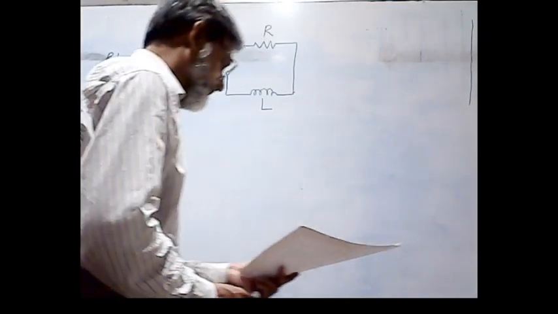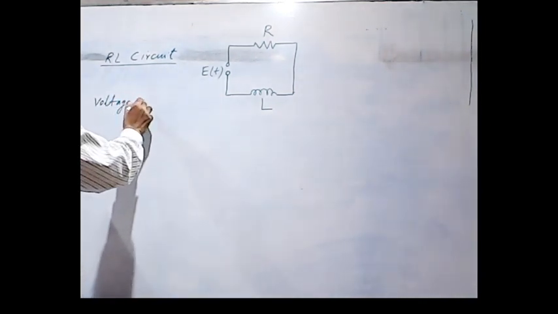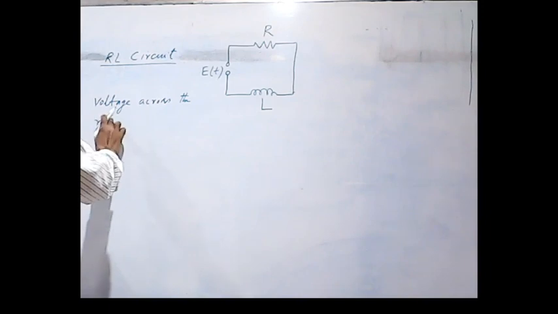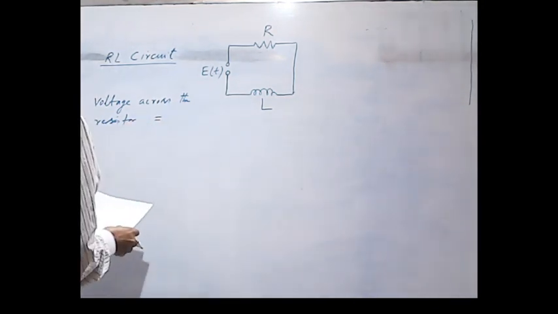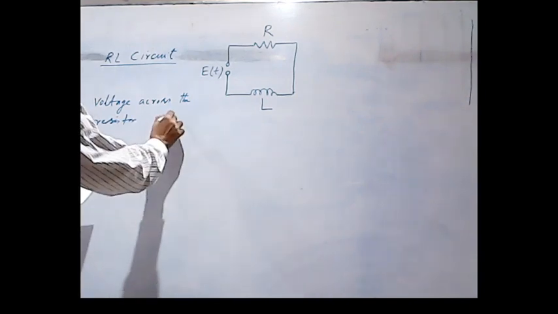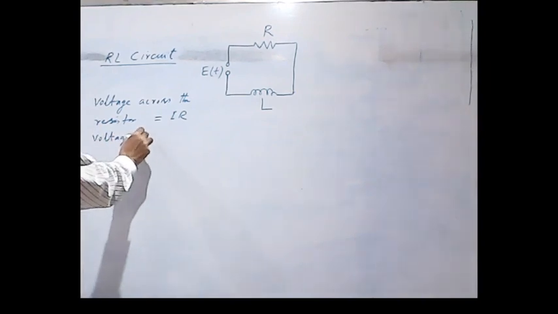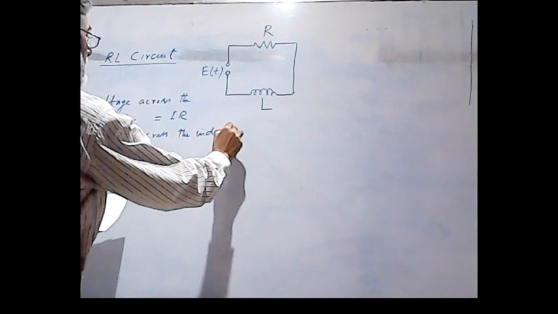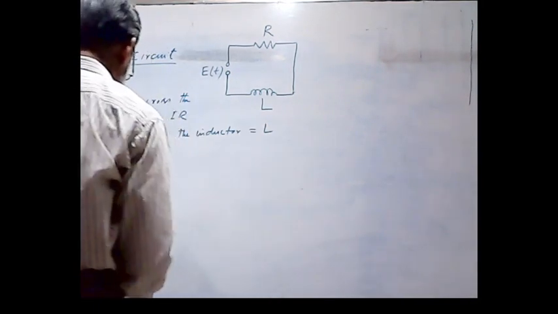The voltage across the resistor is equal to IR, and the voltage across the inductor is equal to L di by dt.